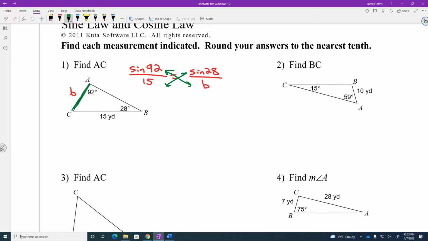And the way that we write it would be sine of 92 times b equals, multiply here, 15 sine 28. And then we just divide to get the b by itself. Divide by sine 92. And then we'll have b. Give me a second to type that in.